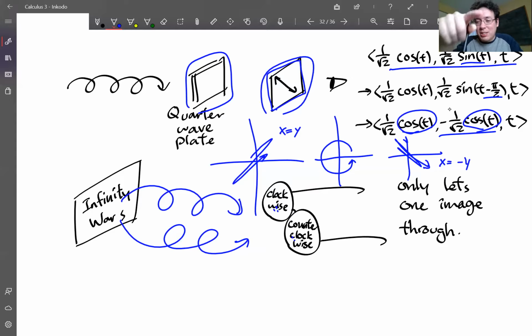So when it gets to the other person, you're only going to get one of the images. So when you look through the glasses with only one eye, you could see one of their eyes, and the other one looks completely black. So depending on which eye you open, you only see one of their eyes at a time, which is pretty cool.